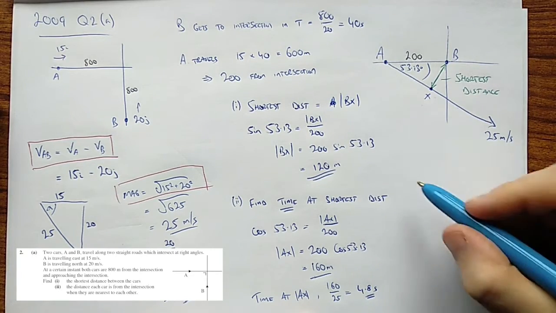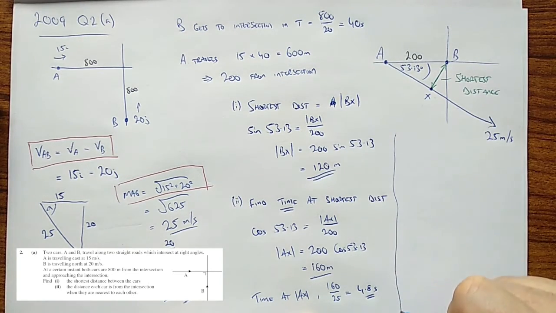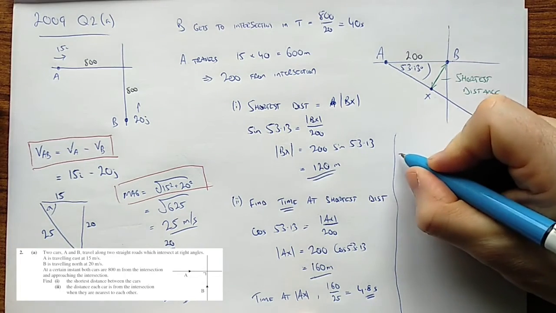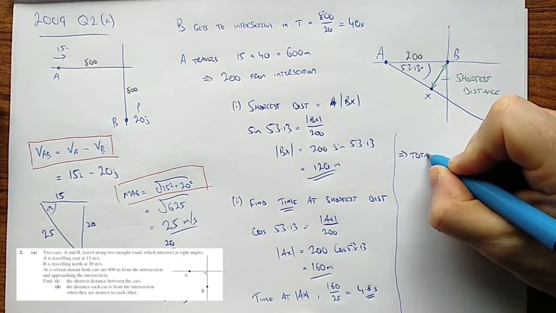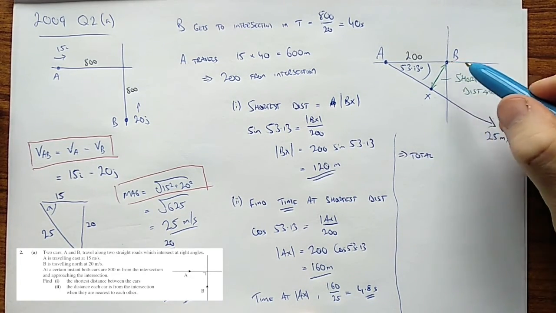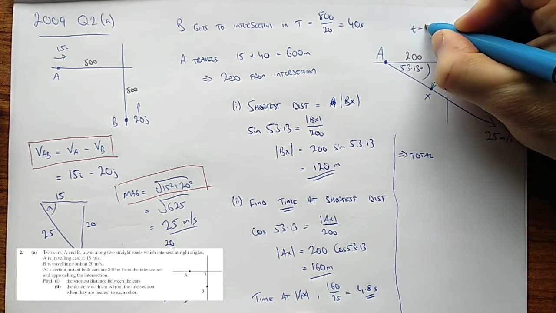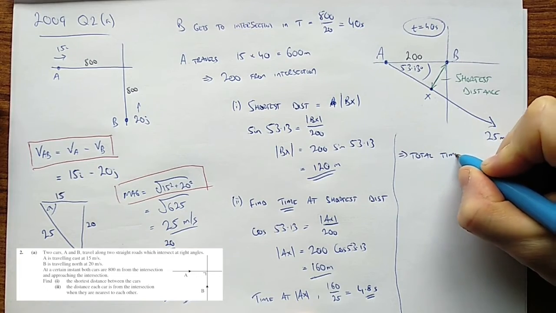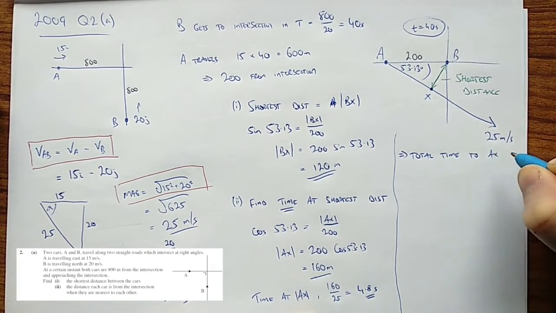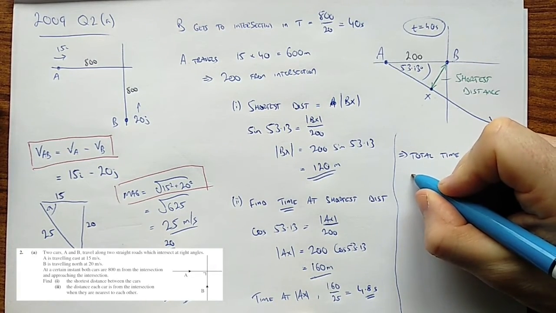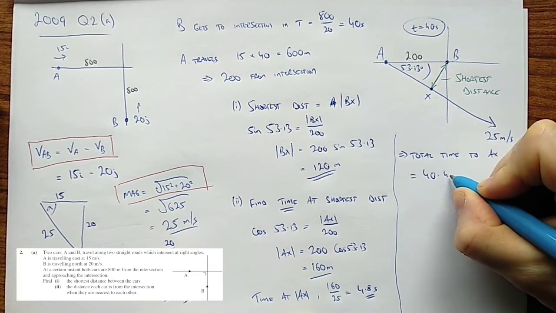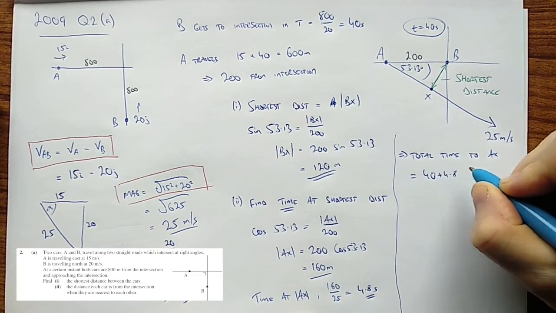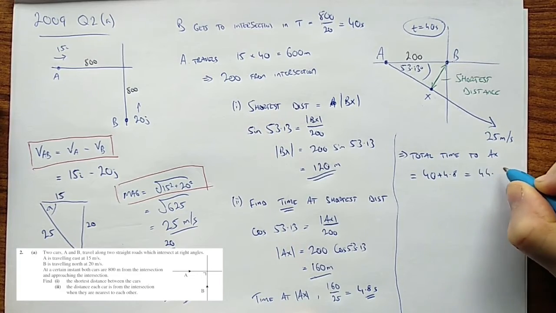Be careful. Therefore, the total time to get to AX, remember this isn't time equals 0, this is t equals 40. Total time to AX equals 40 plus 4.8, equals 44.8 seconds.